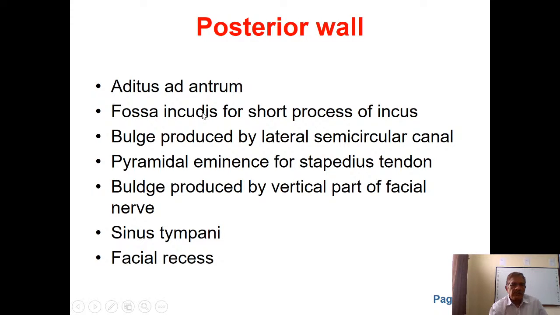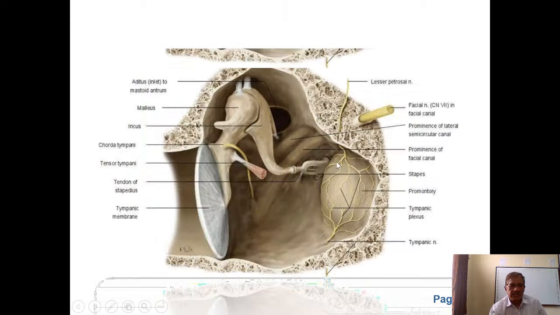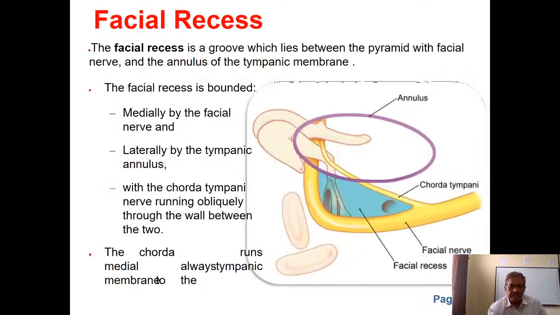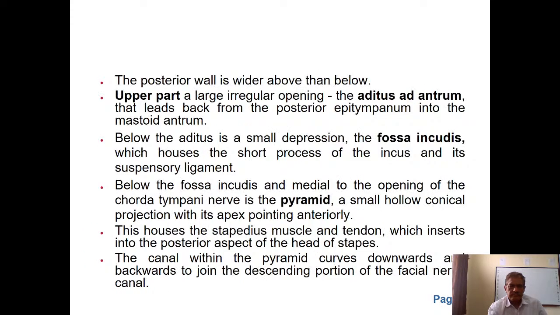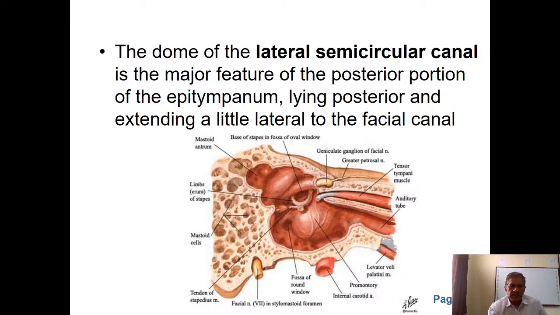Okay. Now, the fossa incudis, I told you, is where the short process of the incus is attached, and there is the bulge produced by the lateral semicircular canal, which we have already seen. The pyramidal eminence is for the stapedius tendon. See, that is the pyramidal eminence. Let me see if I can show you in a better picture.